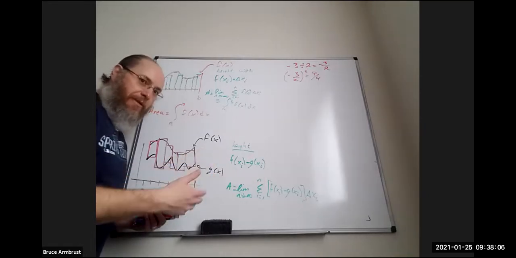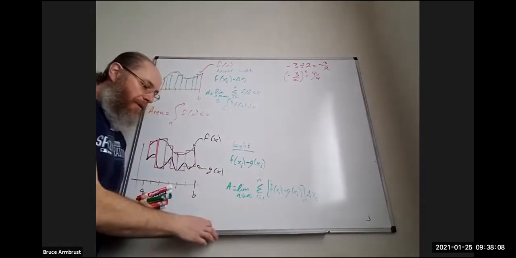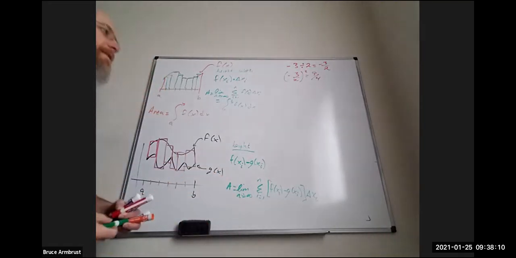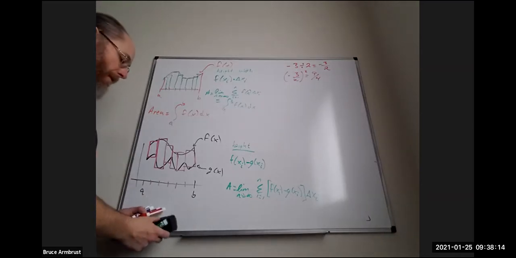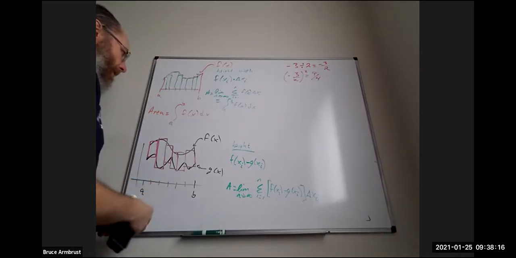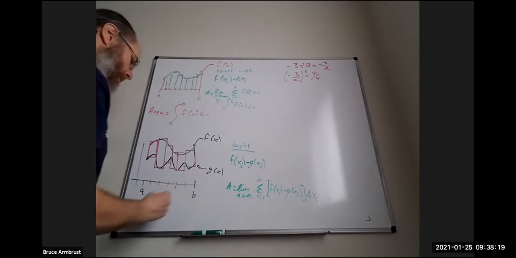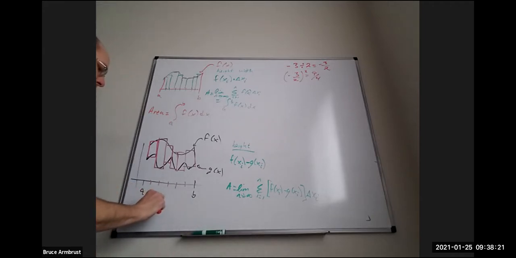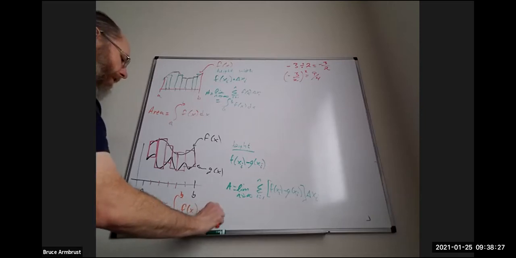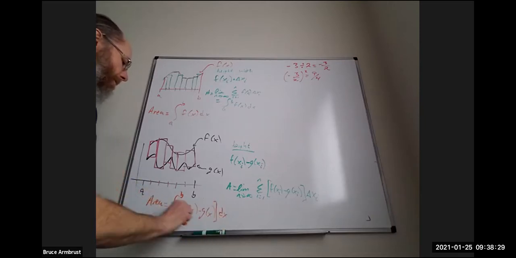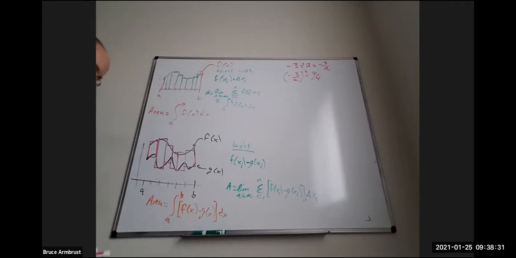Limits, you can do each one individually and subtract. And so what this ends up being, and I'm sure this is going to come as no surprise to anybody, is the integral. I'll write it down here. So the area is the integral from a to b of f of x minus g of x dx.